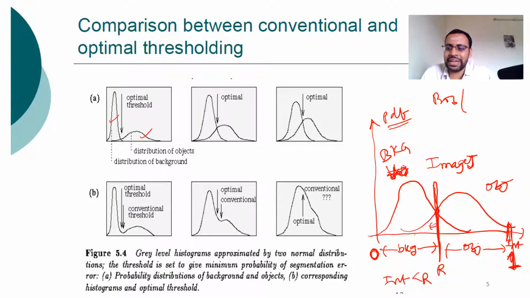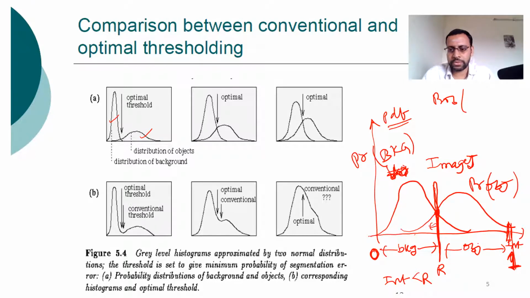Tell me in terms of areas of the curves. Let's call this the probability of object and this the probability of background. What is the error you could commit while you assign from this intersection point?